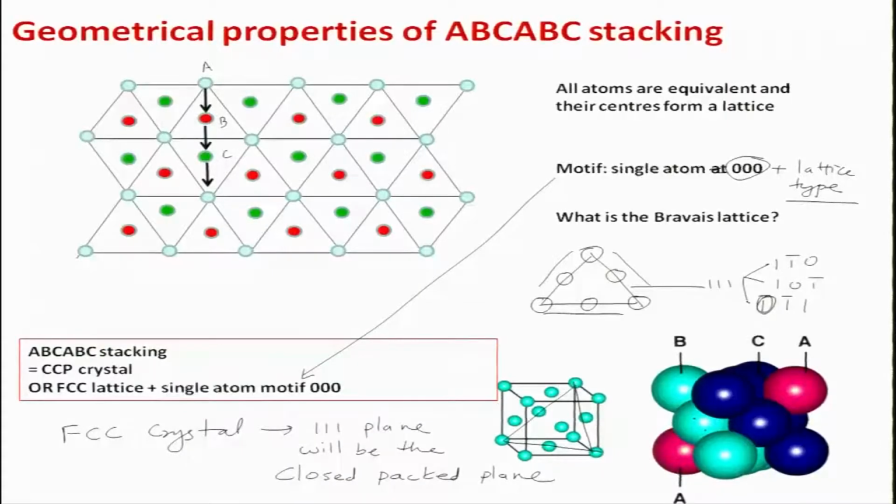Okay. You can write this as bar 1 1 0, you can write this as 1 0 bar 1, and you can write this as 0 1 1 bar. So these directions which you see on the face, they are the close packed directions, and the plane that you form within the unit cell is the close packed plane, the 1-1-1 plane.